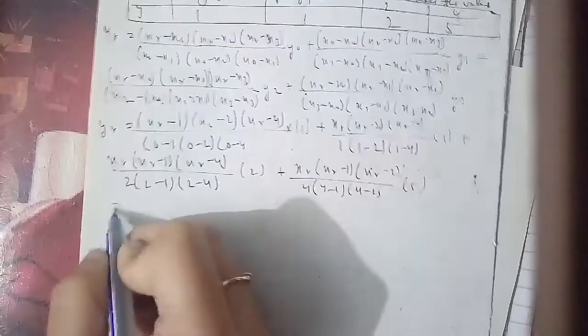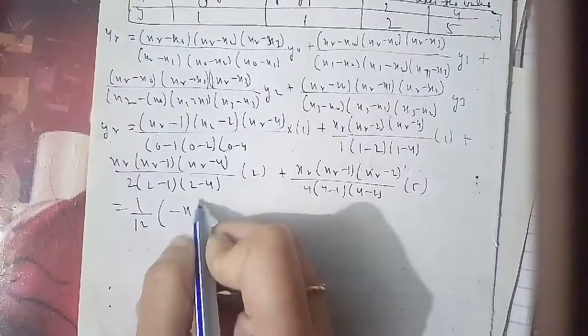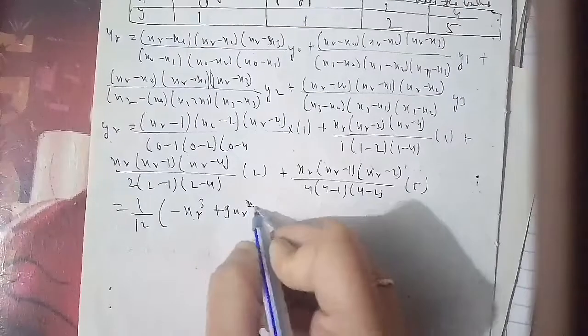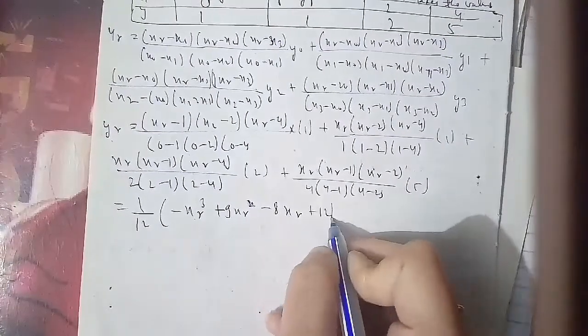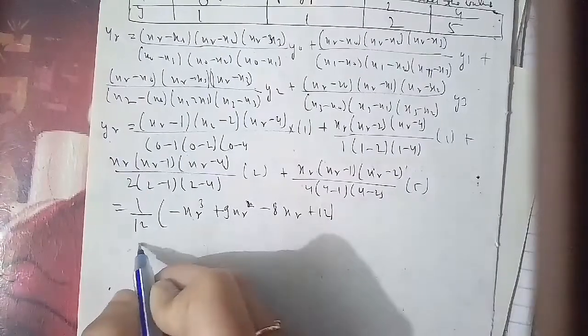Replacing xr by x, we get y equals f(x) equals 1 upon 12 of minus x cube plus 9x square minus 8x plus 12. This is the required polynomial.